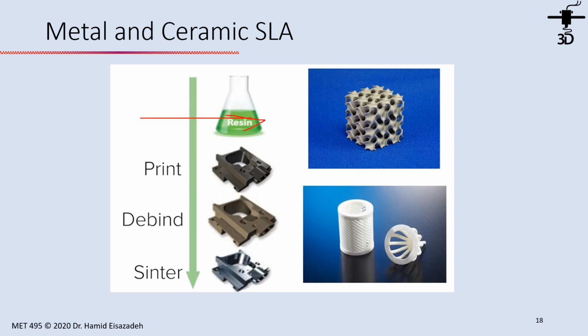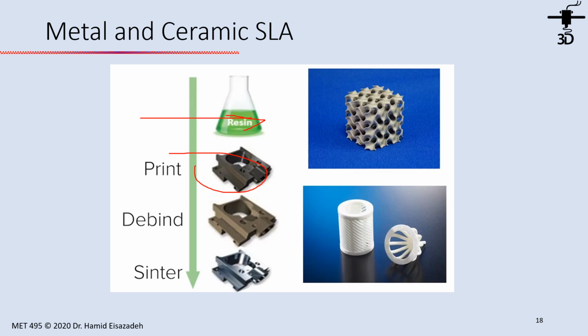This feedstock contains metal or ceramic powder inside the photoresin, and then you print it to achieve a three-dimensional form, right? You have to post-process it, including a high temperature step, to give you a final dense part.